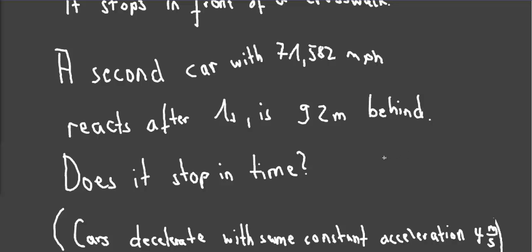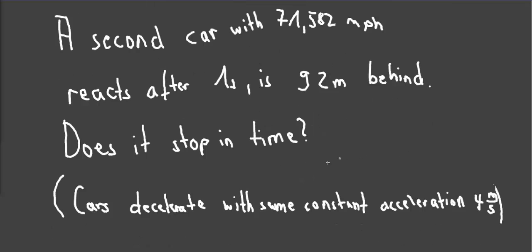The question is, does it stop in time? Does it stop before the crosswalk? I assume the cars decelerate with a constant acceleration of 4 meters per second. If they decelerate, the acceleration is actually minus 4 meters per second.